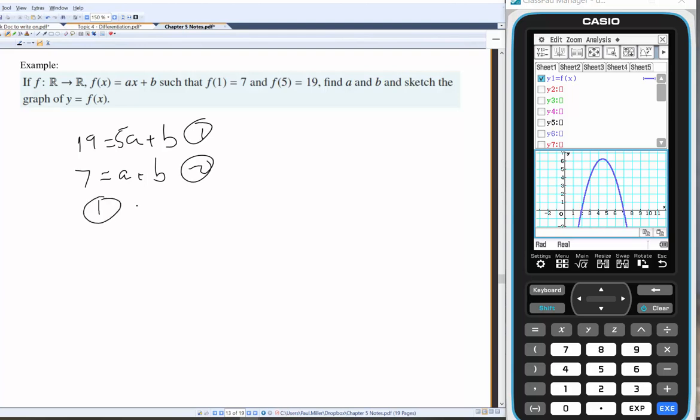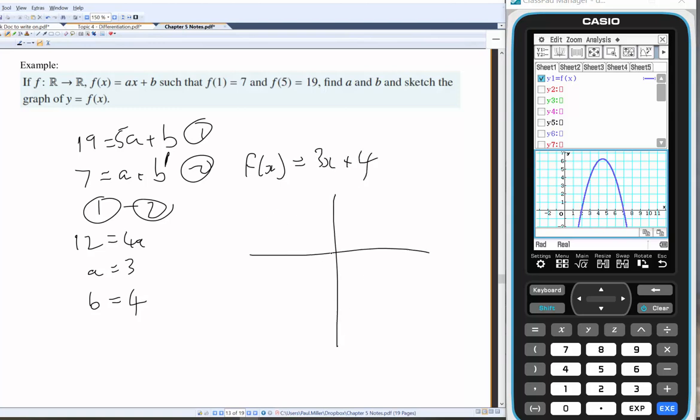We're going to do 1 take 2 to eliminate the b's, and I'm going to get 12 equals 4a, a equals 3, b is going to equal 4. So my function is f of x equals 3x plus 4, and the graph will be y-intercept of 4, x-intercept of -4 on 3.